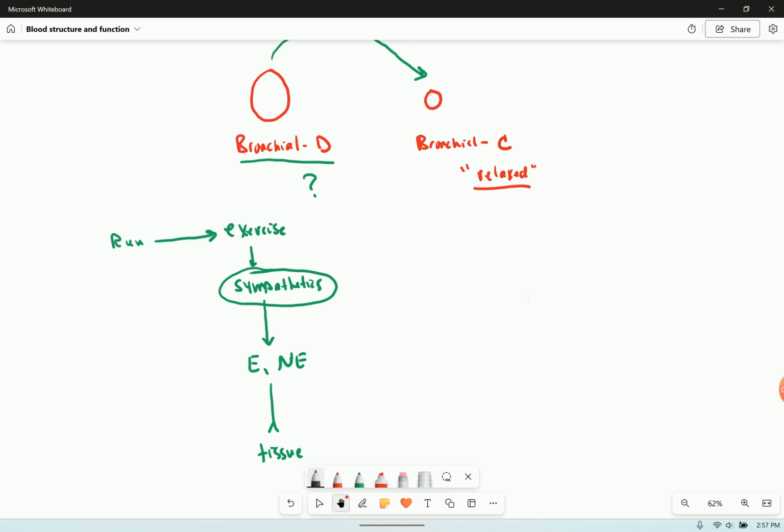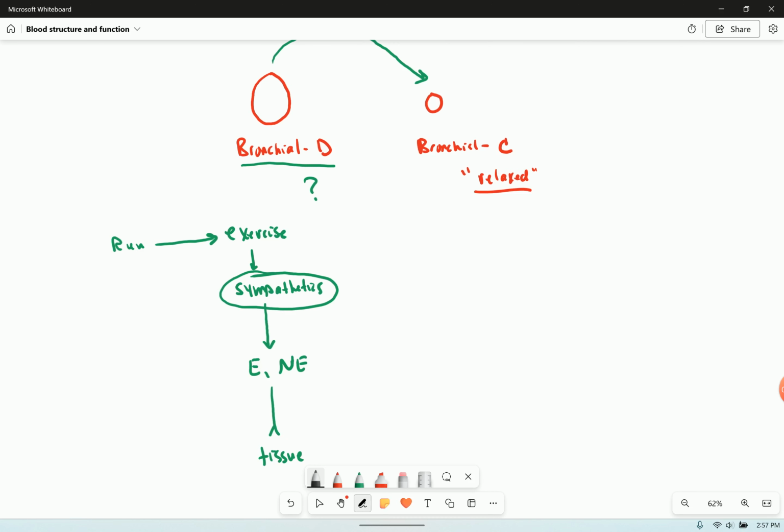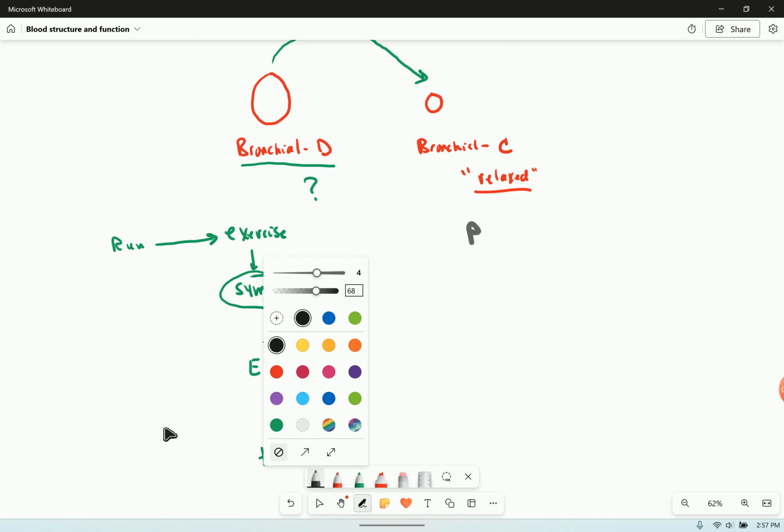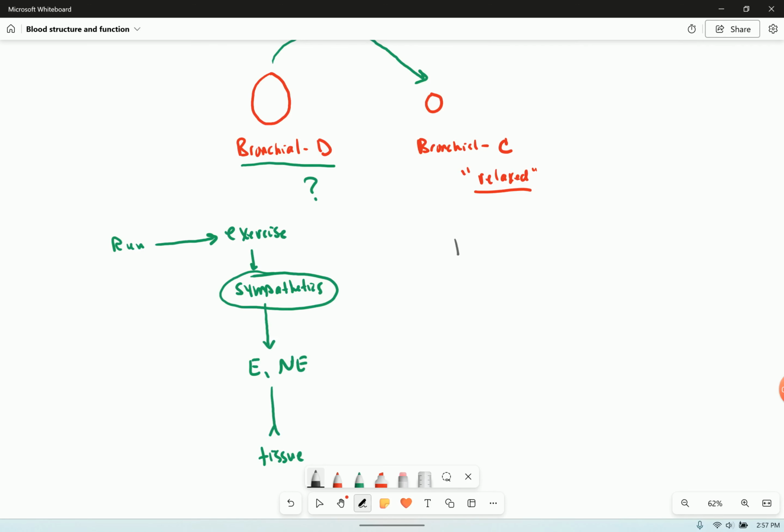If you are bronchial relaxed or bronchial constriction, this is more of a parasympathetic stimulation. The fun way of saying this is rest and digest.